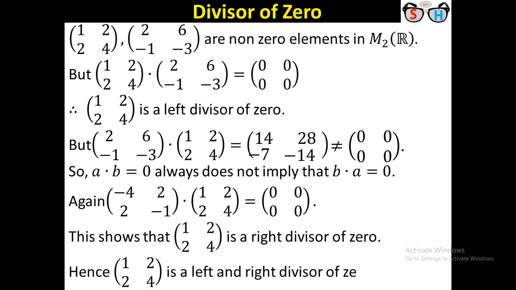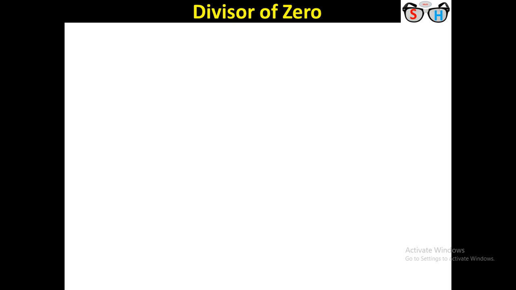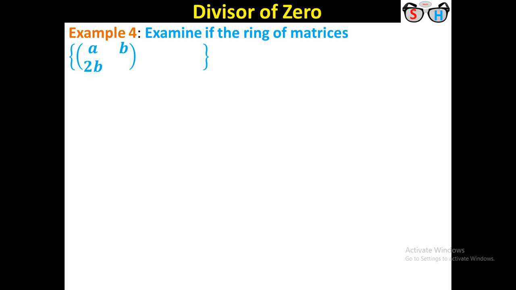So you see the example. Now I will give another example. This is example 4. This is a set of square matrices, but a particular type of square matrices. Here the elements in the main diagonal or principal diagonal are the same, A, and on the other diagonal there are two elements: the upper element is B and the lower element is 2B, that is, double of that element.